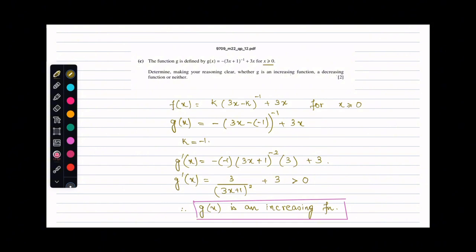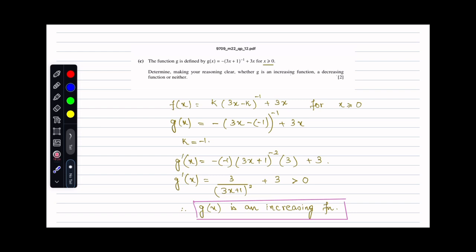What I can see is that this g of x, if compared with the f of x given in part A, where f of x was k times (3x minus k) to the power minus 1 plus 3x, and if I compare it here, g of x is negative (3x plus 1) to the power negative 1. So my k value here should be negative 1.